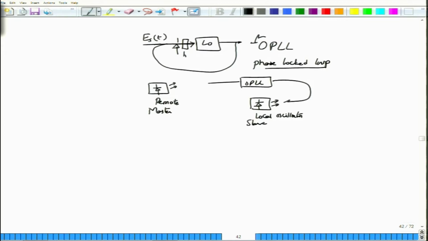What the OPLL is supposed to do is take the signal from the master laser and tune the local oscillator such that it tracks the same frequency as the transmitter frequency, having a fixed phase difference between the transmit phase theta 0 and theta LO, LO being the local oscillator phase. But it turns out that this problem is very hard to solve for various reasons.